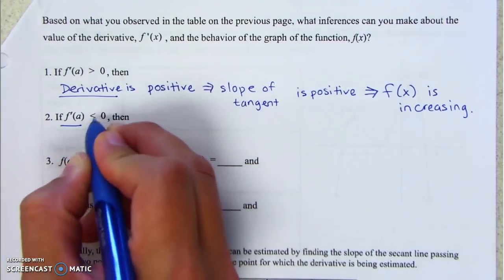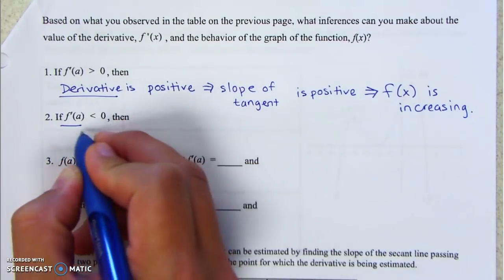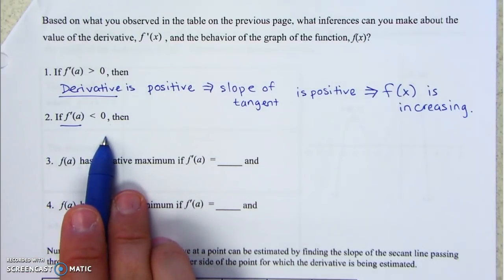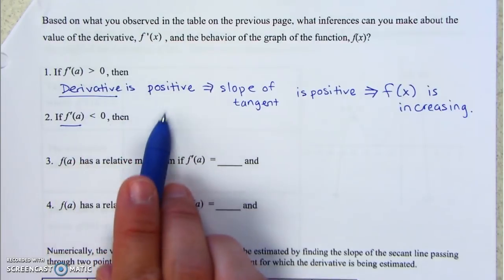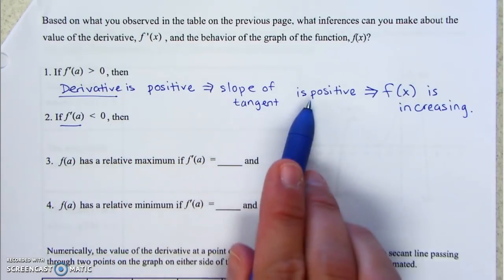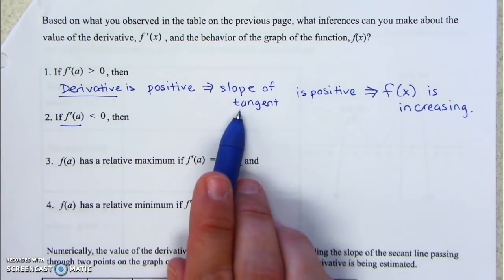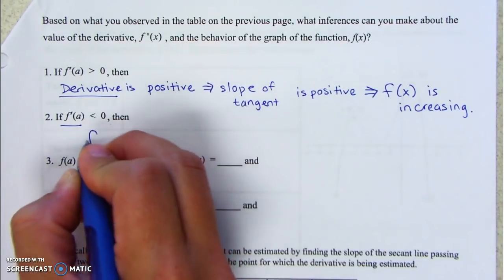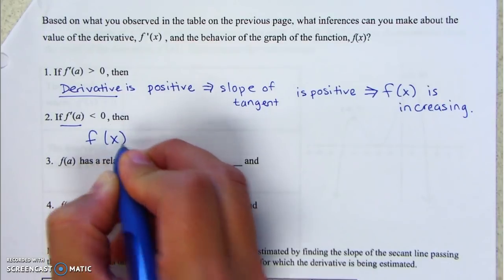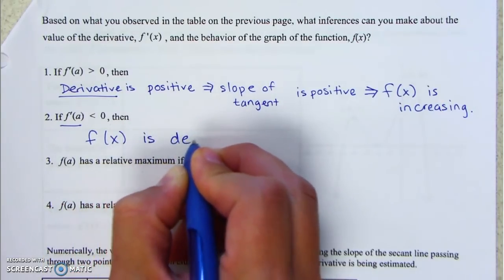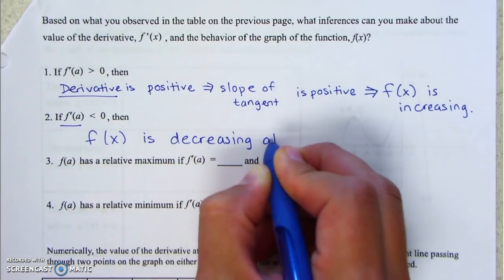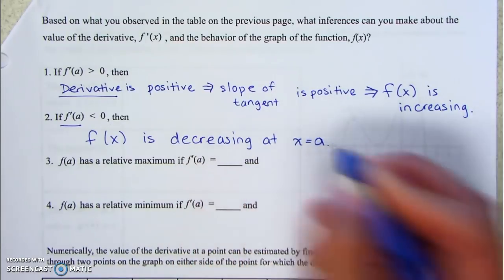If the derivative is less than 0, then that means the derivative is not positive anymore, but negative. And if the derivative is negative, then the slope of the tangent line is negative. And if the slope is negative, then what does that mean? Then f is decreasing at x equals a.